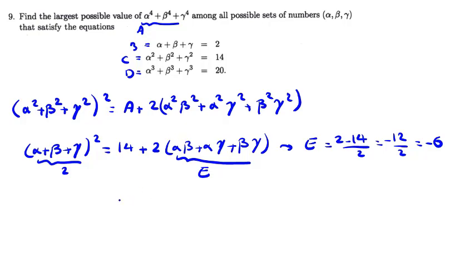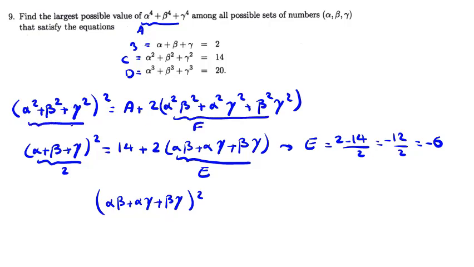Now if we raise that to the power of 2, it will be alpha beta plus alpha gamma plus beta gamma squared. Let's consider this f. We know it is 14, 14 squared 196. So if we find f, the problem will be solved. Here, if you raise this to the power of 2, we know e is negative 6. So here it will be 36.